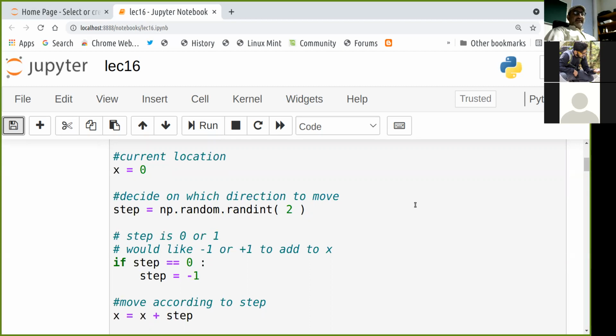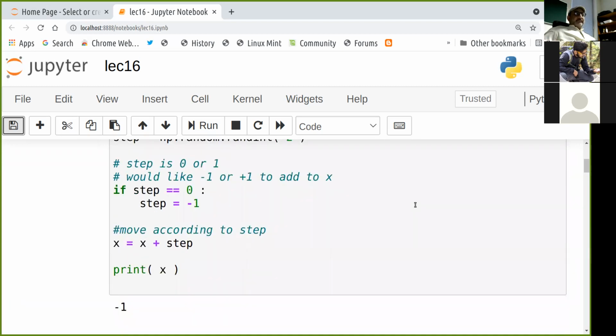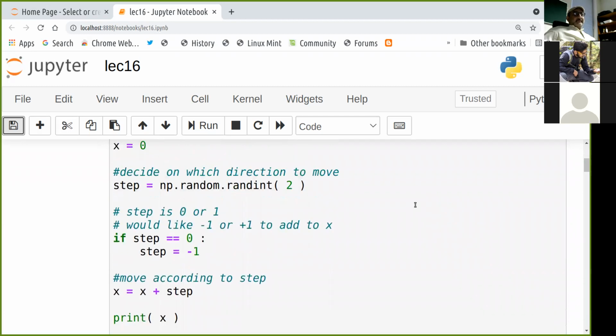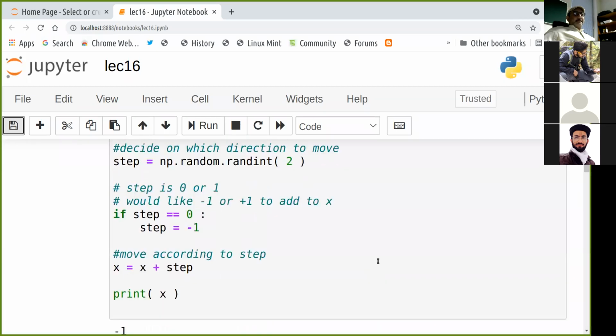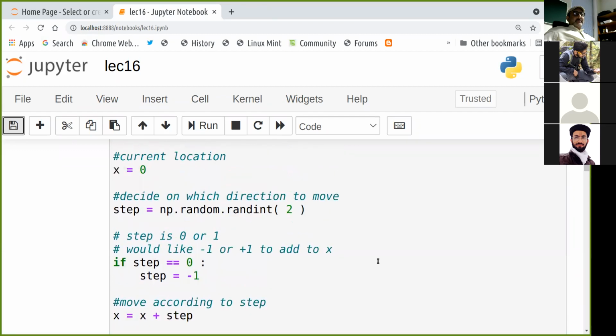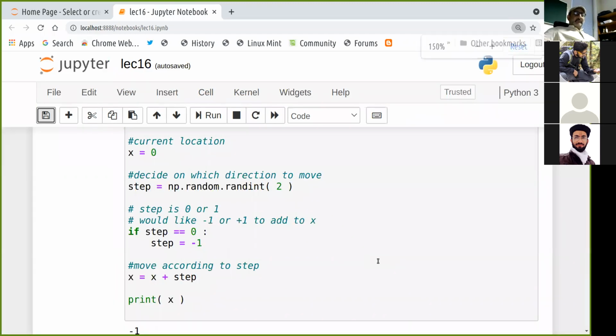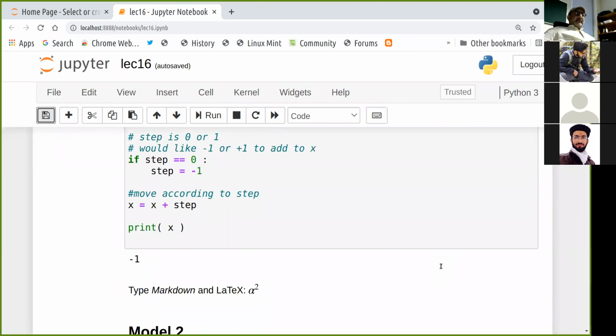And then I will add that to my location x, and x is wherever I would end up. So if I run that, sometimes I'll get -1, and sometimes I will get +1. Okay, so is that code fine so far? Yes, Professor.